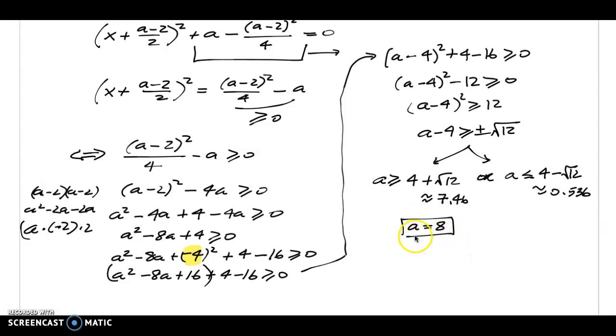That would be the least value, the smallest positive value, the smallest possible integer value, a element of integers, which is a equals 8, right? So that would be the solution.